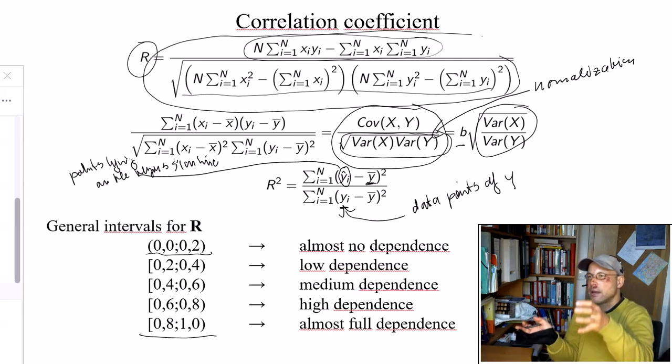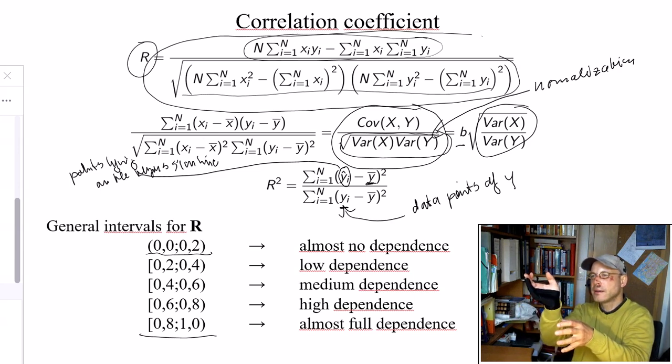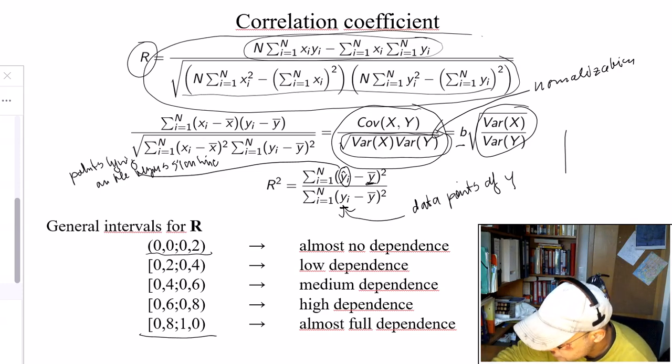So in order to put our regression line into our data, let's say, for example, again, x and y, these are our data points.